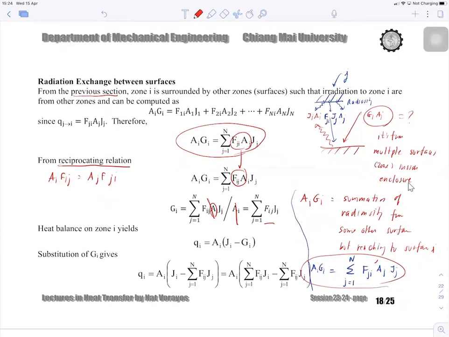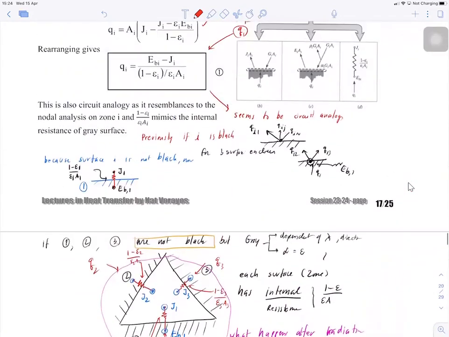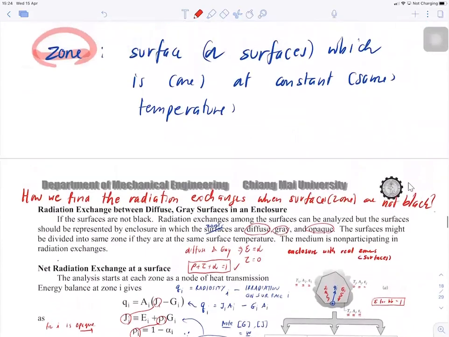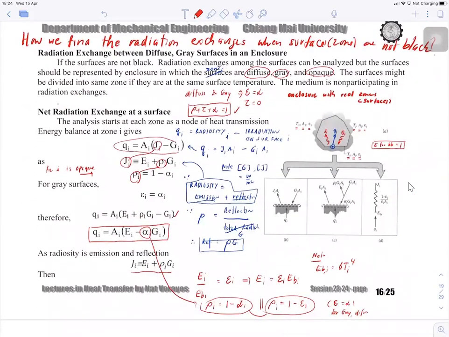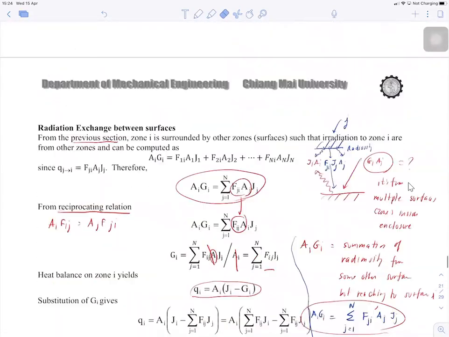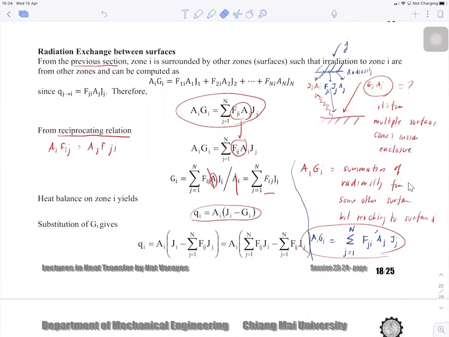Remember the heat balance on surface I. You have this at the beginning, right? Here we go, we've seen this equation before. So let's get back there. Because we know Qi is equal to AI multiplied by (Ji minus Gi).